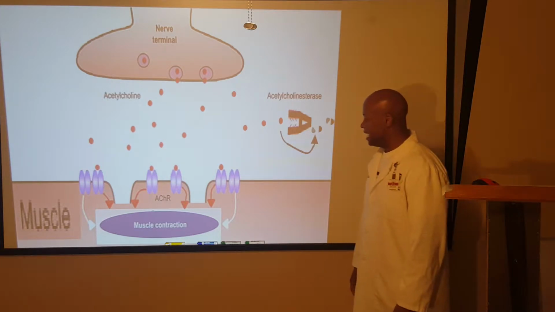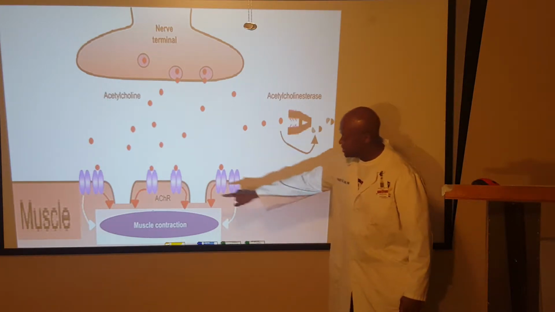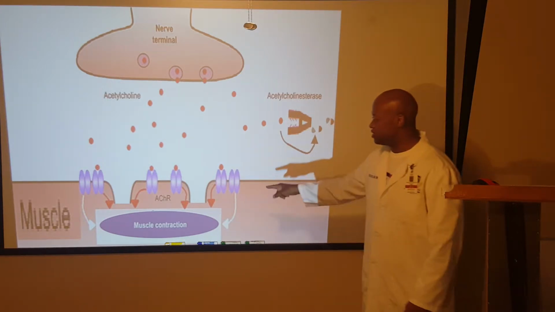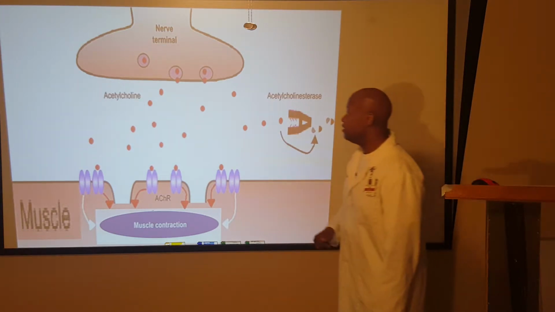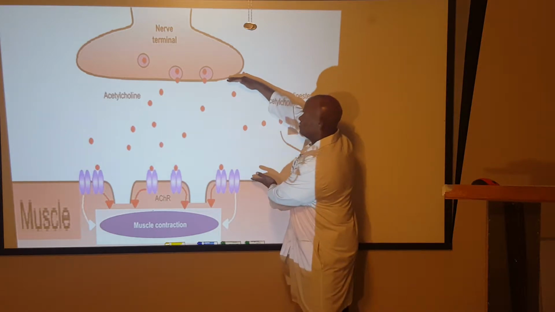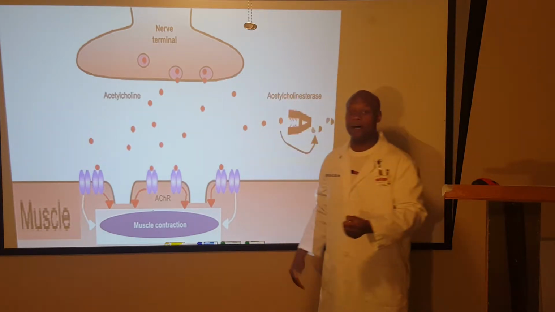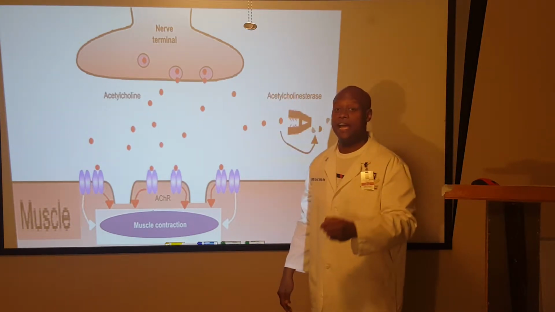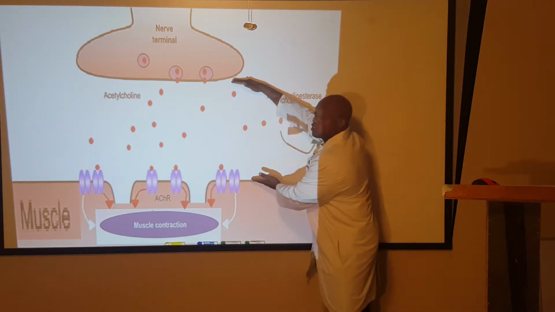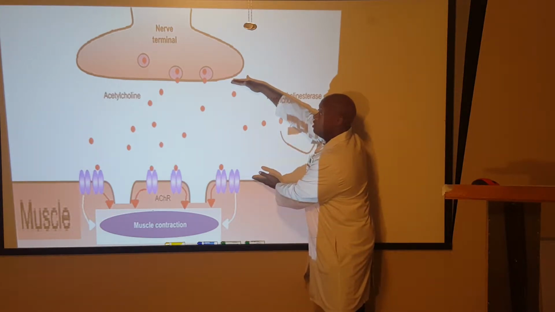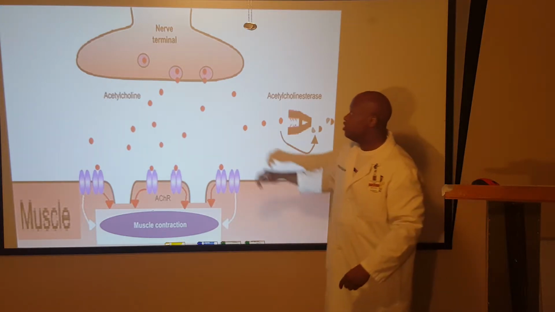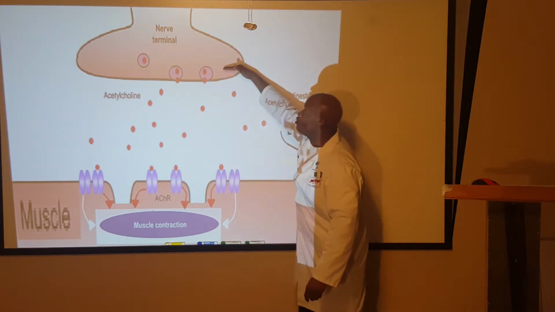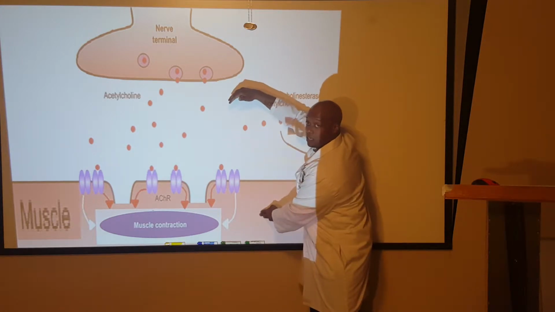So the muscle is on this other side, as we see there, and this is where the acetylcholine receptors are. Now, by the way, what is this space? Earlier we talked about this being a problem where? At the muscle junction, right? The NMJ, nerve terminal, neuromuscular junction.